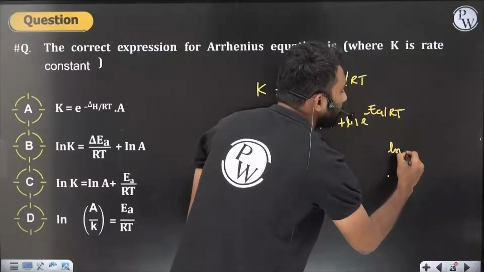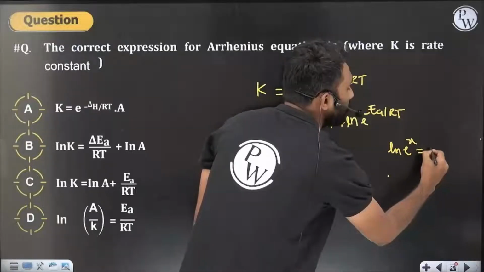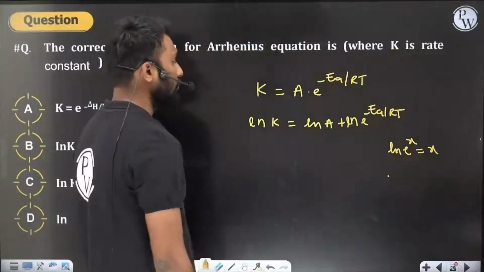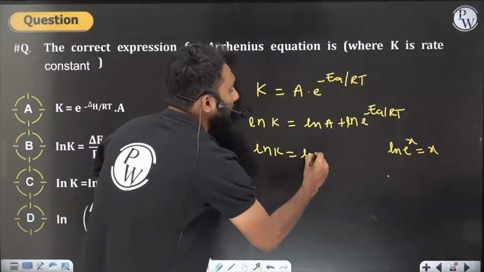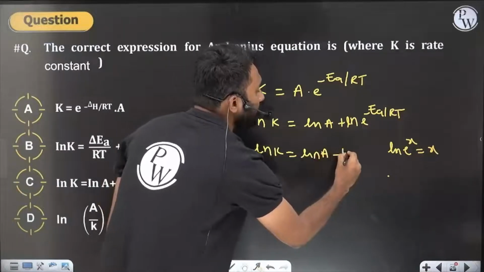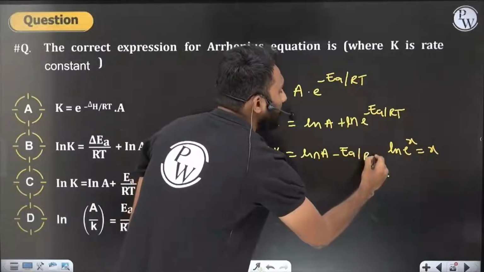Now, we know that ln e power x is equal to x. Means ln K is equal to ln A minus Ea by RT.